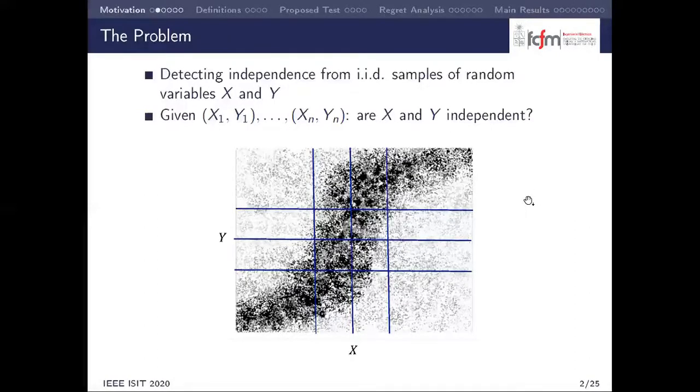This is not a new problem. In fact, it is a fundamental problem in statistics that has numerous applications in data analysis, inference, and decision problems. A natural strategy to tackle this problem is to partition the observation space, as we can see here, to evaluate the discrepancy in some sense between two empirical distributions.